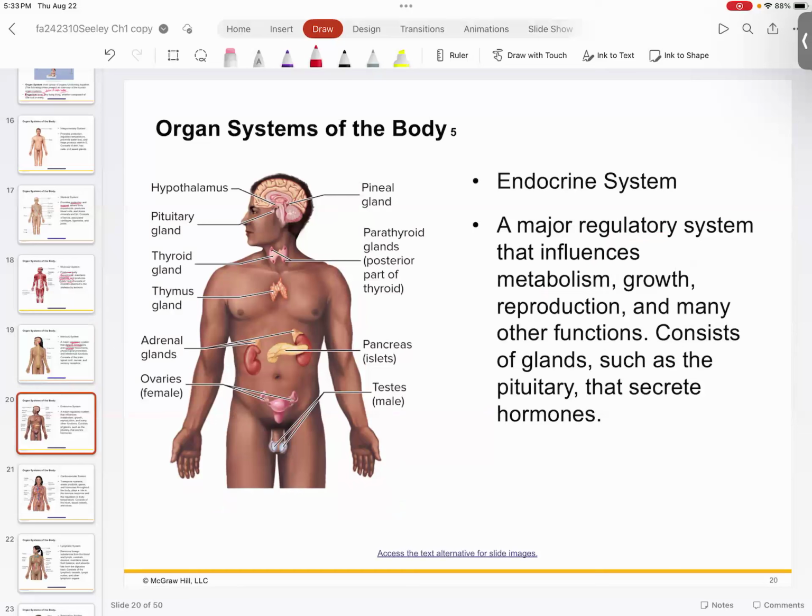Another coordination system is the endocrine system. So this is more of a chemical coordination system. Its job is not so much movement and ambulation like the nervous system does, but its job is to regulate internal, typically visceral types of activities. For instance, your metabolism is regulated by your endocrine system.